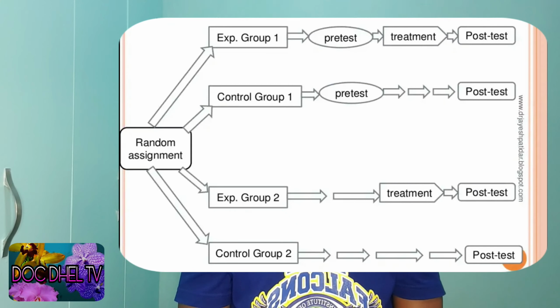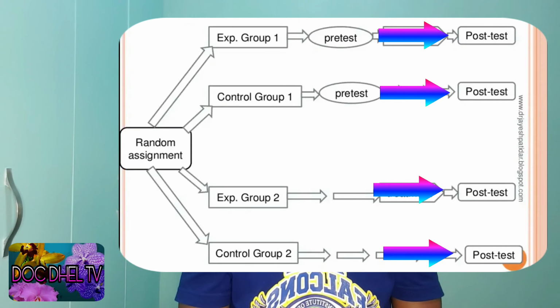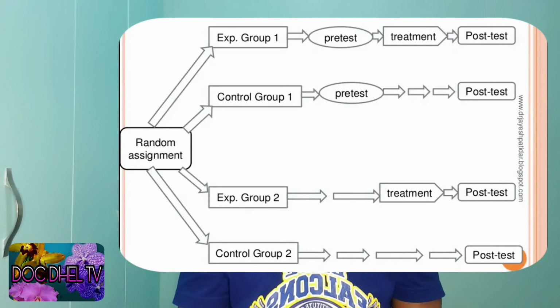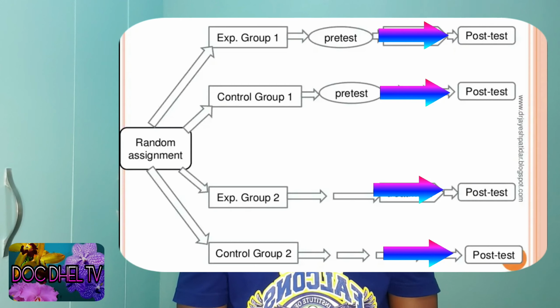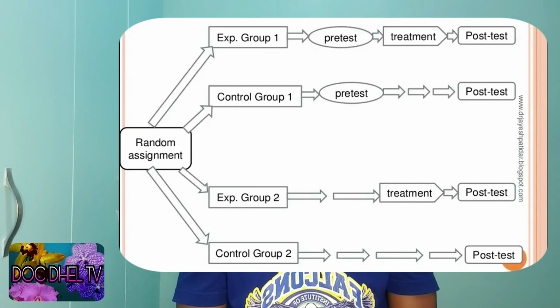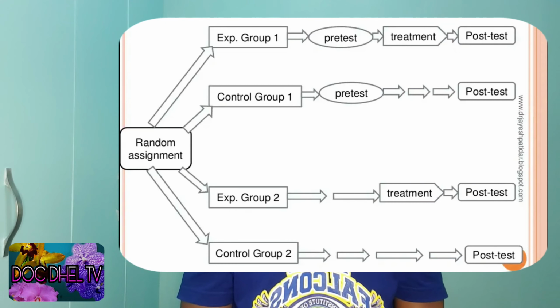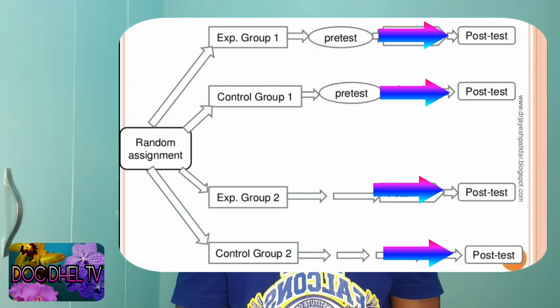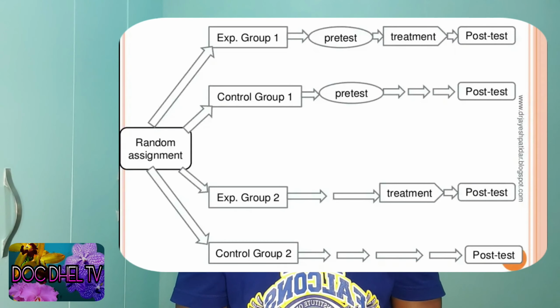Finally, all the 4 groups receive the post-test, where the effects on the dependent variable of the study are observed and a comparison is made of the 4 groups to assess the effect of the independent variable on the dependent variable.